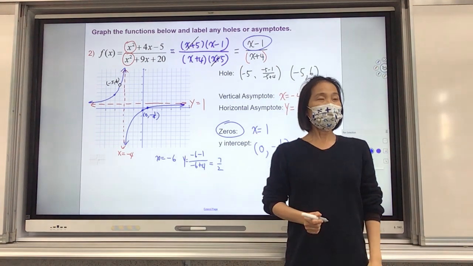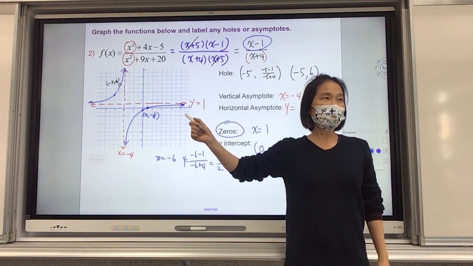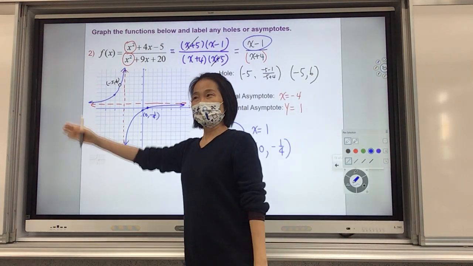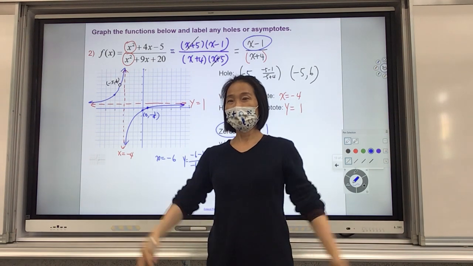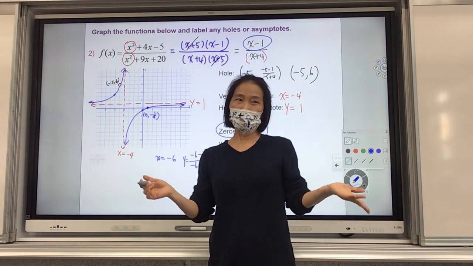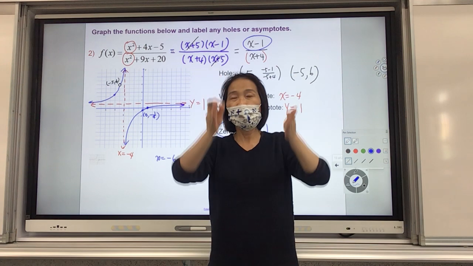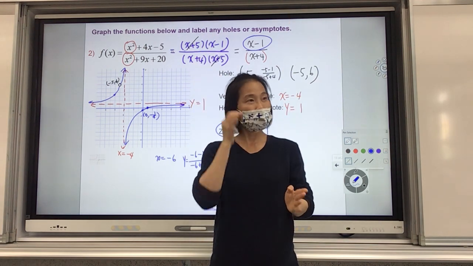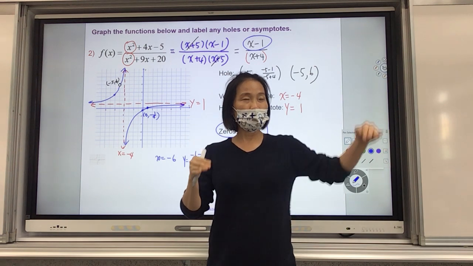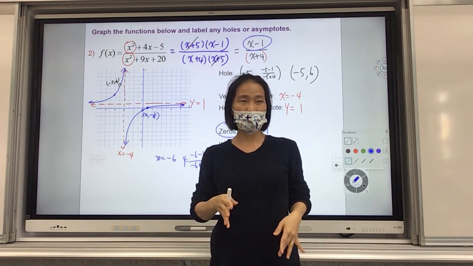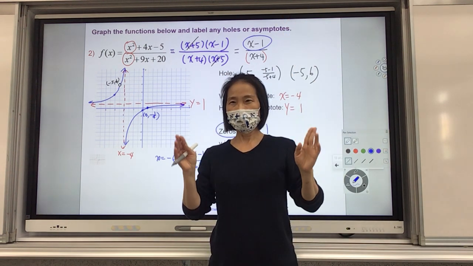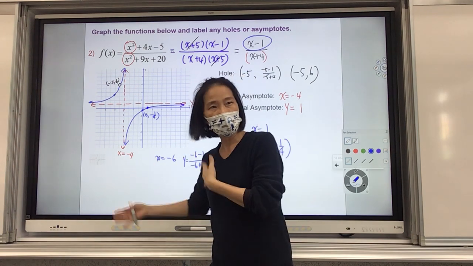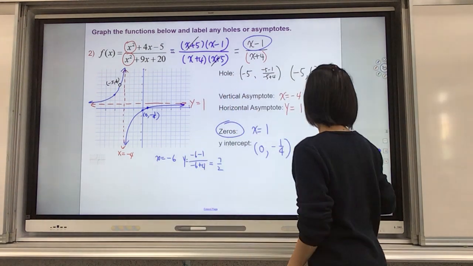So far, our curve is pretty simple, only 2 pieces. Some rational functions will cut into 3 pieces because you have 2 vertical asymptotes. 2 walls you cannot cross. So 1 curve is going to be cut into 3 pieces. It becomes quite complicated, so we need more information.